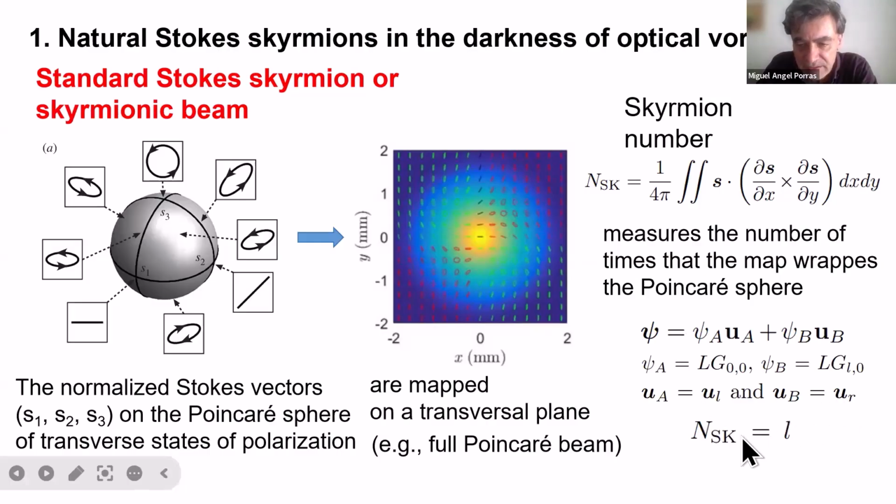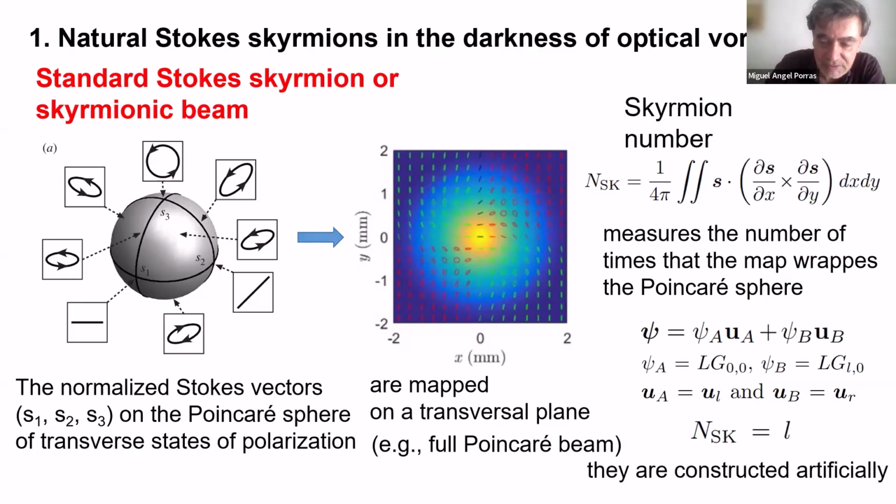In this particular case, the Skyrmion number, the number of times that this map wraps the sphere, is equal to the azimuthal order or topological charge of the vortex. Somehow, I can say that these Skyrmions, in contrast to ours, are constructed artificially, because we have to perform this superposition.